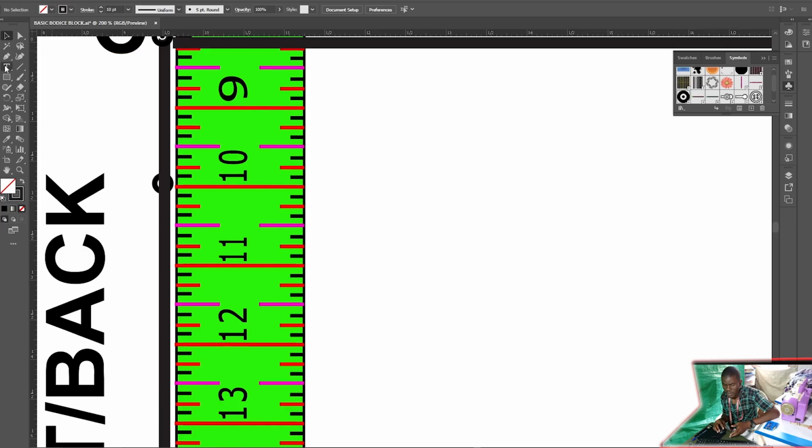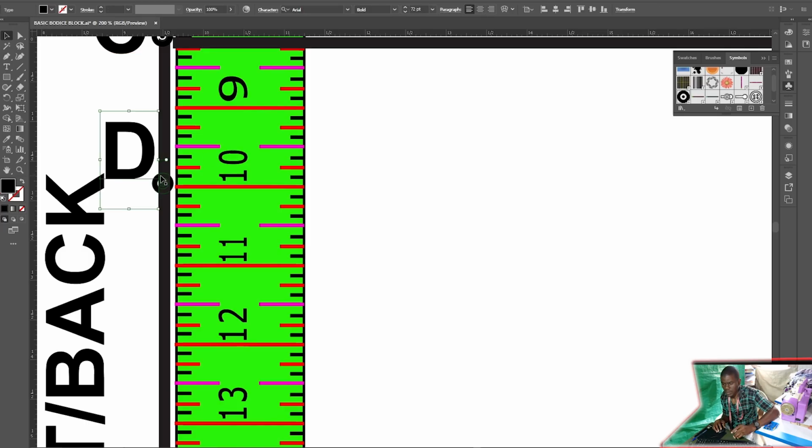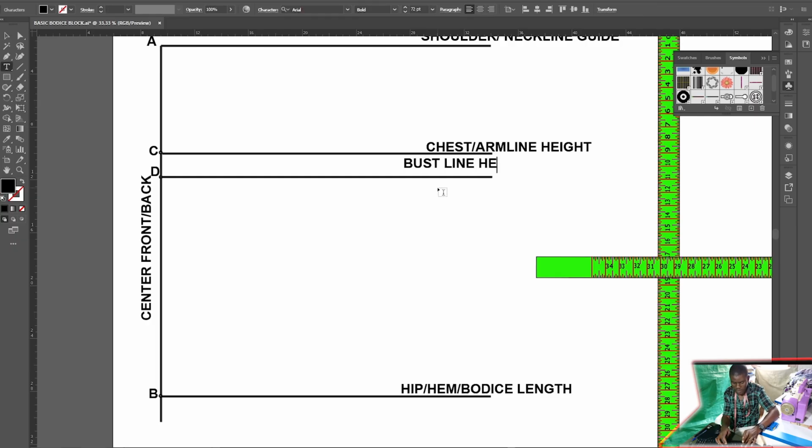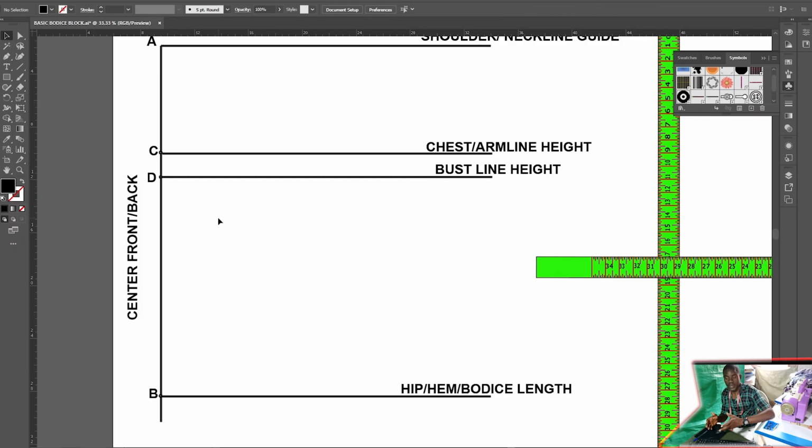Then label this point D. Also square across a straight line like this. Then go ahead and mark this bust line height. Now, we have finished determining the bust line height.